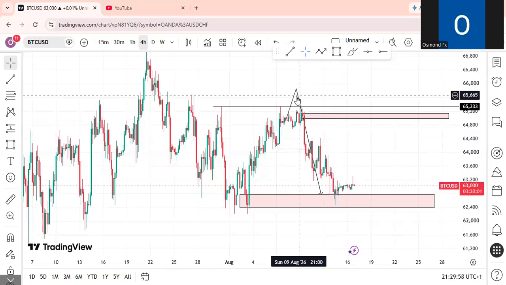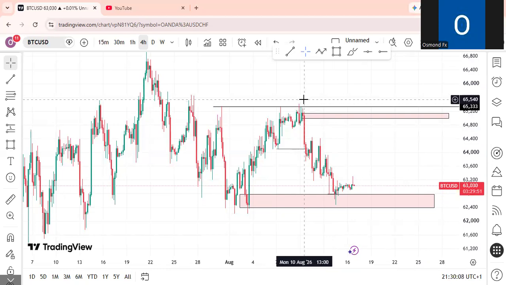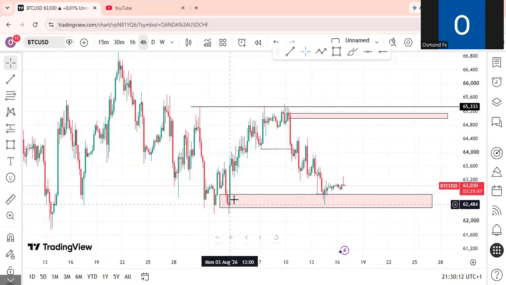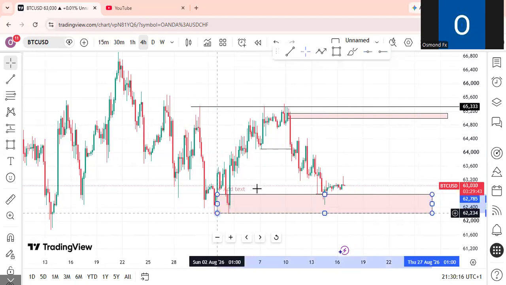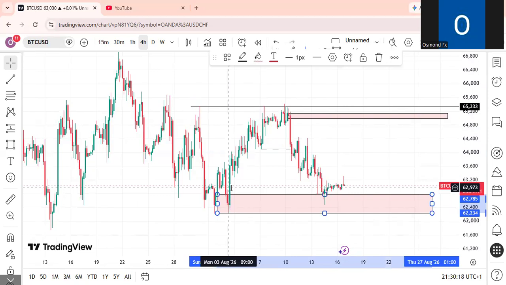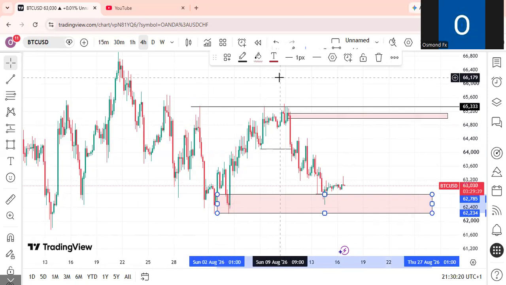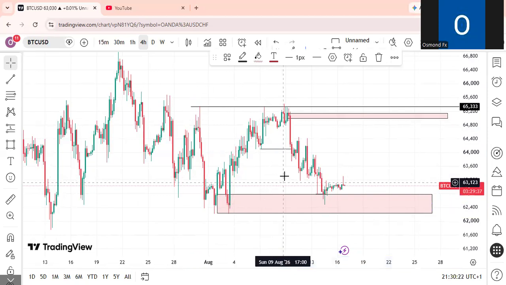But you can see it's the wick of the candle that is taking out the liquidity from here. The market was not able to settle above here. We didn't see a proper break of structure above this area, which is why we are not going to call this area a demand zone. For you to call an area a demand zone, you have to see a proper break of structure to the upside.